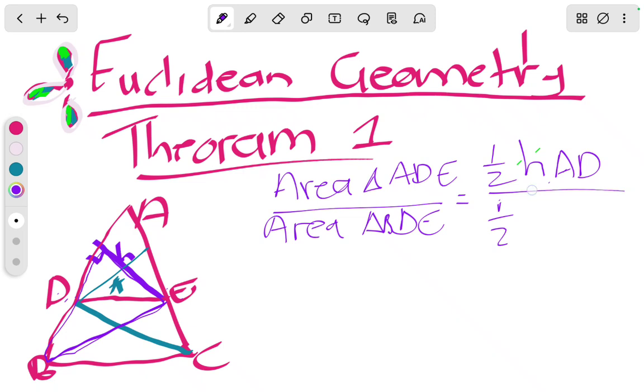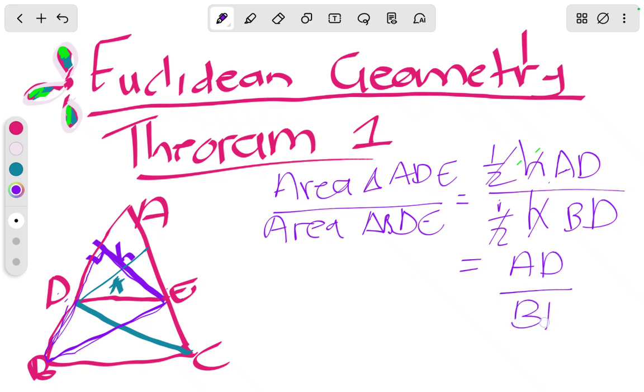So we write our height there, times BD. In this case, our base is BD. As you can see, you do your math. This is going to cancel, this is going to cancel. We are left with AD divided by BD.